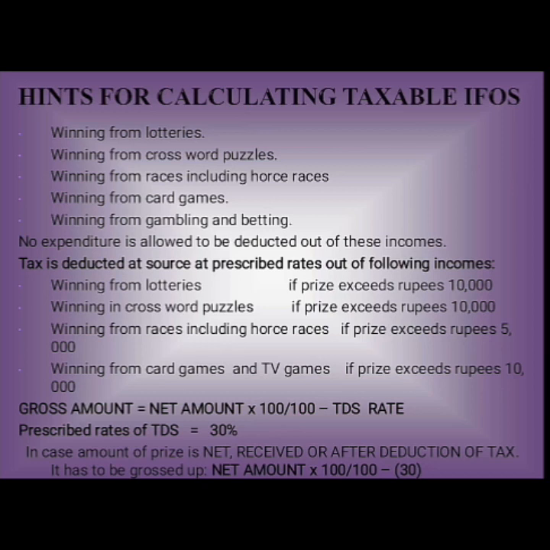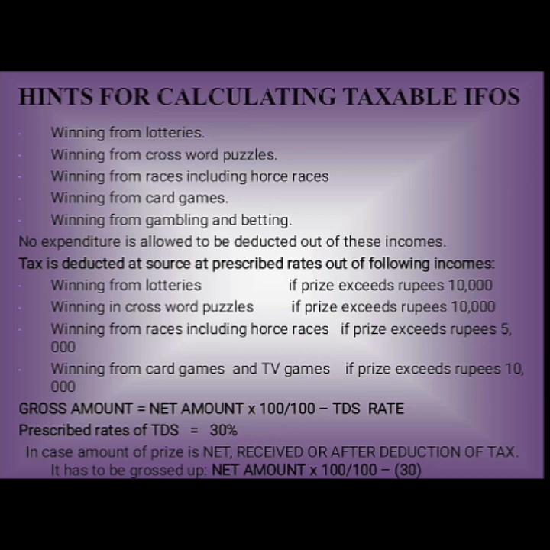Winnings from lotteries if the prize amount is up to 10,000. Winnings from crossword puzzles if the prize amount is up to 10,000 rupees. Winnings from races including horse races if the prize amount is up to 5,000. Winnings from card games and TV games if the prize amount is up to 10,000.